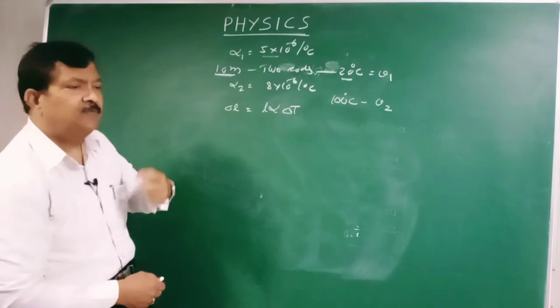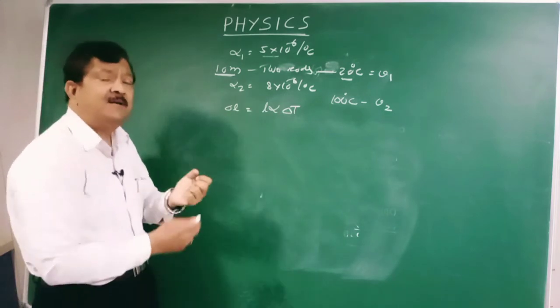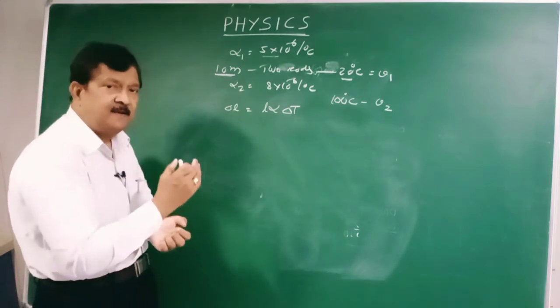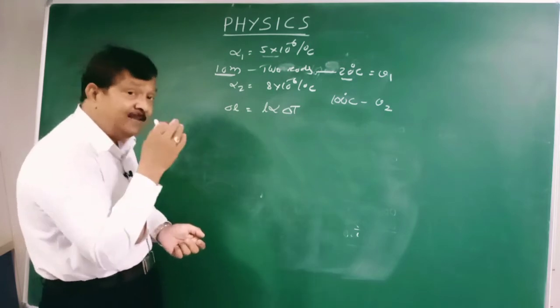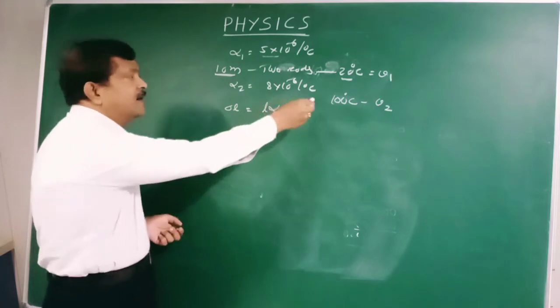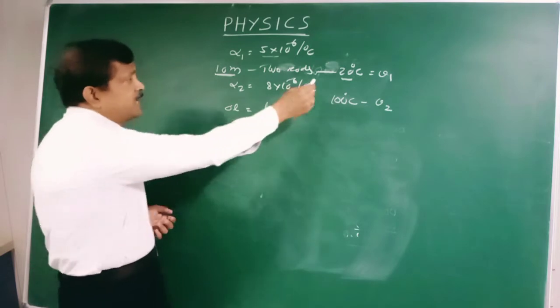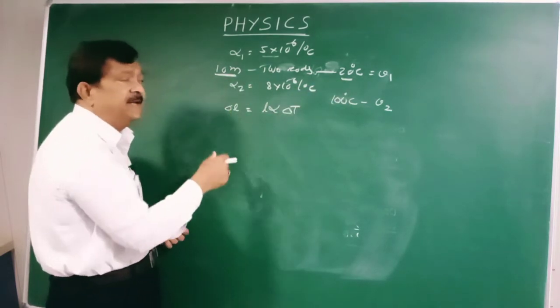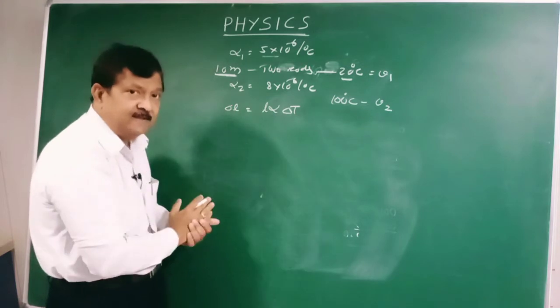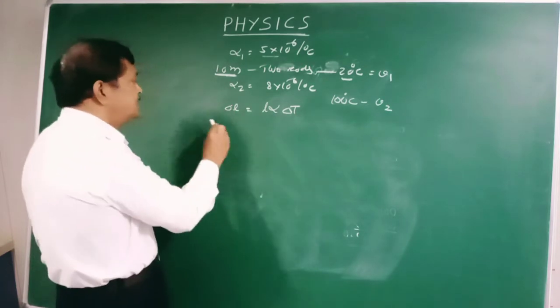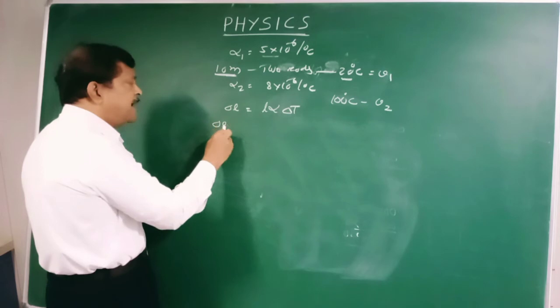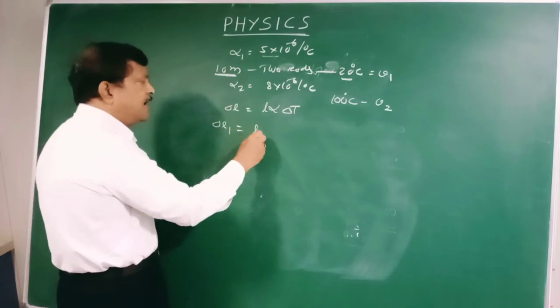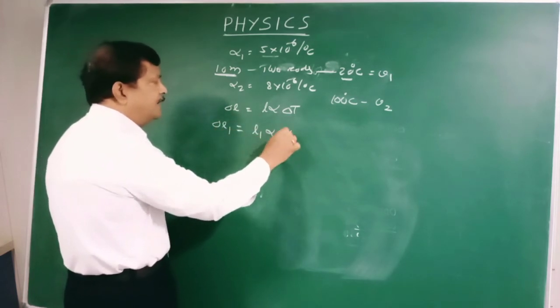Now what can we calculate here? I want the difference in their length at 100 degrees centigrade. Initially at 20 degrees centigrade, they are having the same length. But at 100 degrees centigrade, what is the difference of their length? Let us find out. Suppose the first rod expansion is delta L1, we can write L1 alpha delta t.